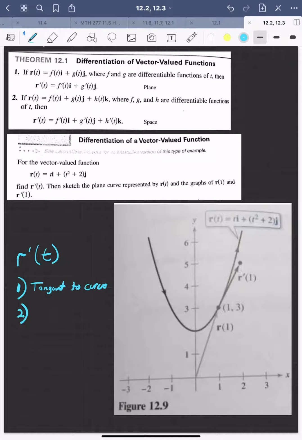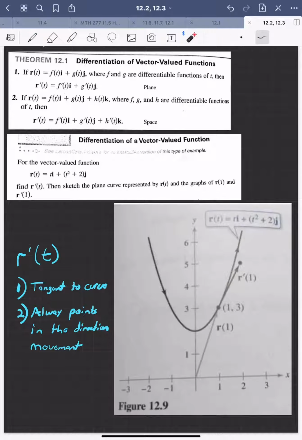So the derivative, or the r prime of t, always points in the direction of movement. That's a little bit sloppy. The derivative always points in the direction of motion.